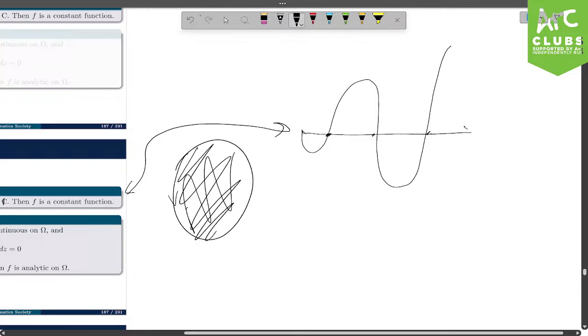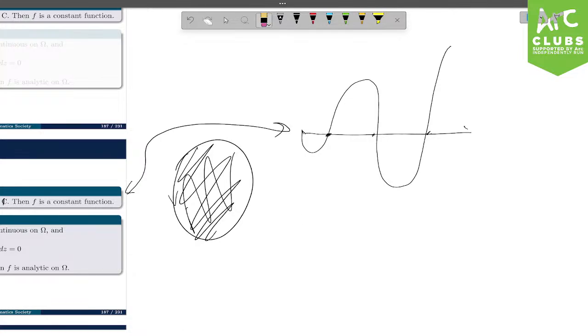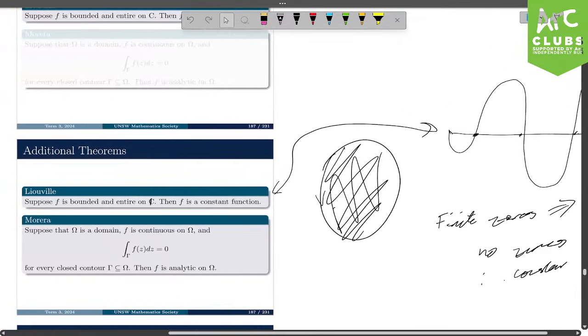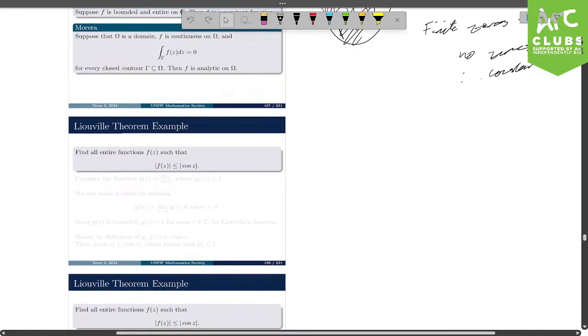But if you understand that a function has to have finite zeros, then this implies that if you have even 1, then it must go unbounded. And otherwise, you have no zeros. And what that implies is you are constant. That's kind of where Liouville expands upon.